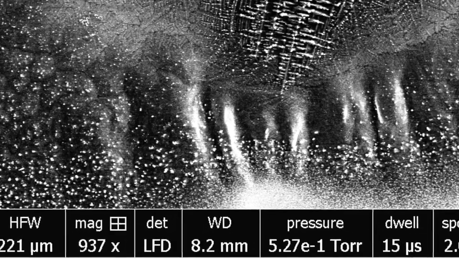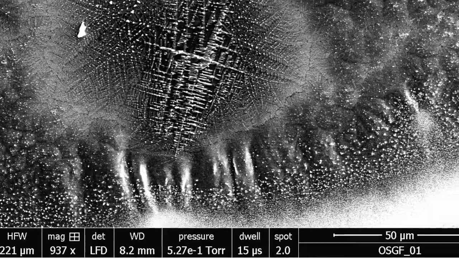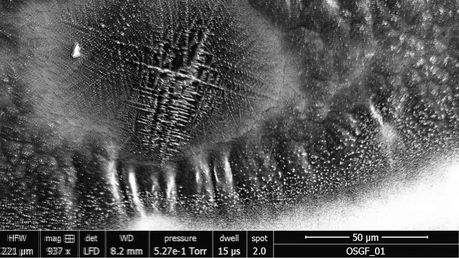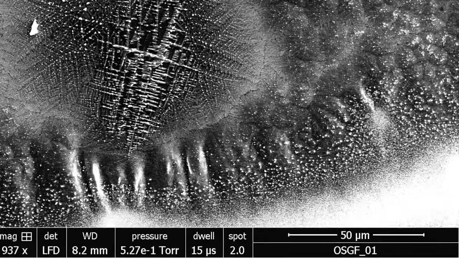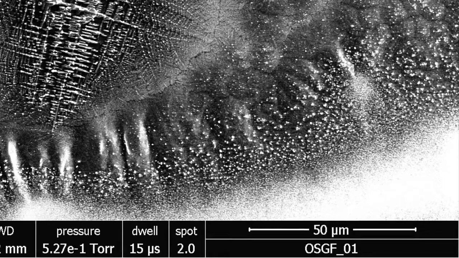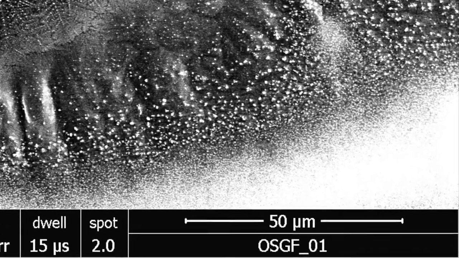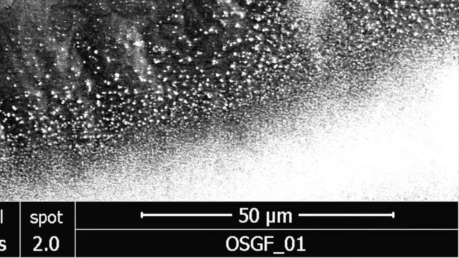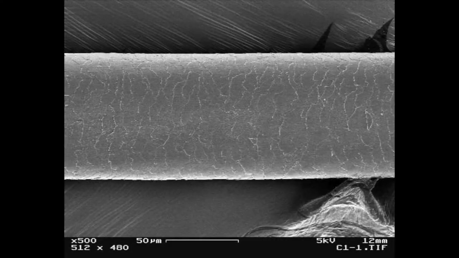Anytime I look at a scanning electron microscope image, I first look at the magnification, and then I look to the right hand side at the scale bar. Just like a road map, that little bar will give you an idea of the scale. In this case, it's 50 microns, which is about the diameter of a human hair.